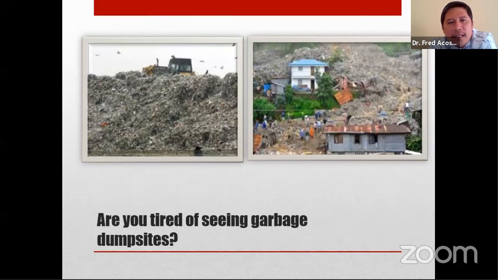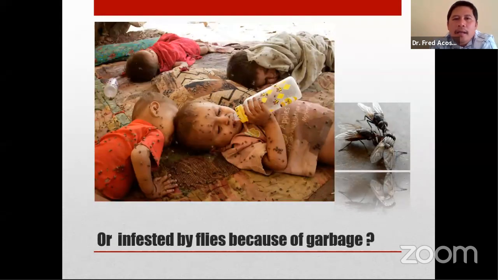Even here in Kenya, we have this problem of pollution and how to manage solid waste. And are you tired of seeing infestation by flies because of garbage? These common environmental and health problems need a solution.